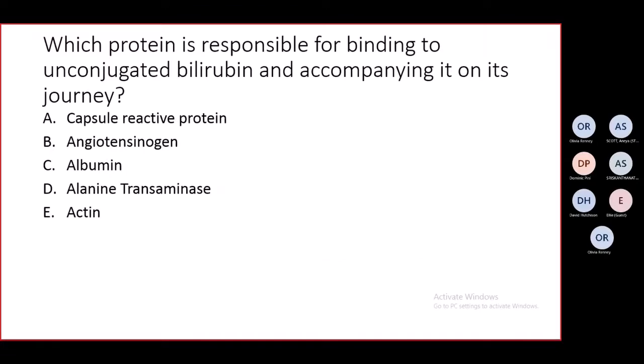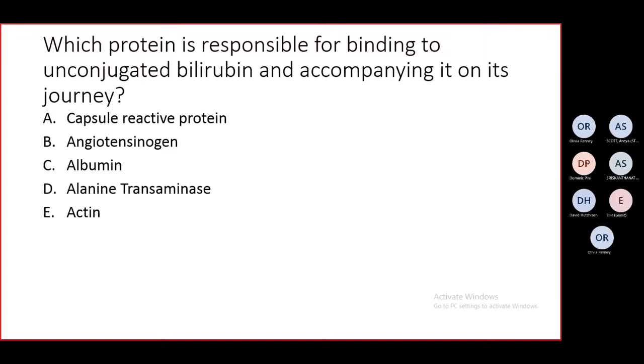Okay. Which protein is responsible for binding to the unconjugated bilirubin and accompanying it on its journey to the liver? Remember I mentioned the bouncer finding some unconjugated bilirubin and taking it to the gate of the liver. Which bouncer was that? It's one of these lovely proteins, all of which are made by the liver.